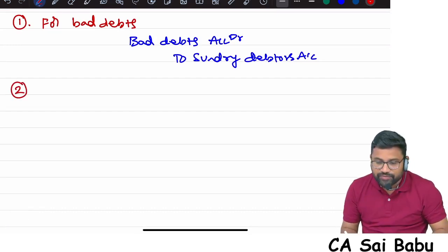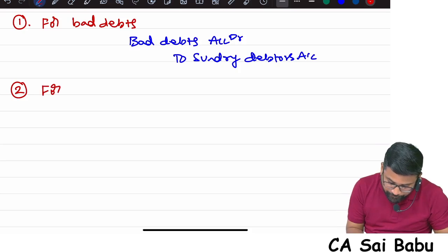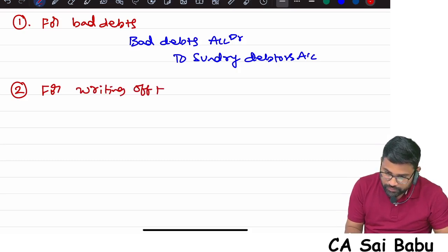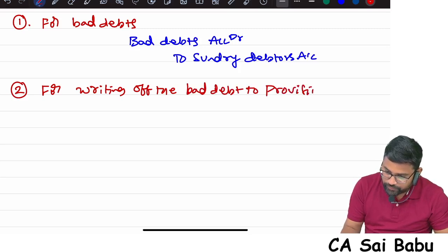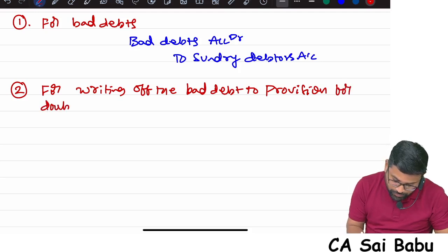Second, writing off the bad debt to the provision for doubtful debt account.